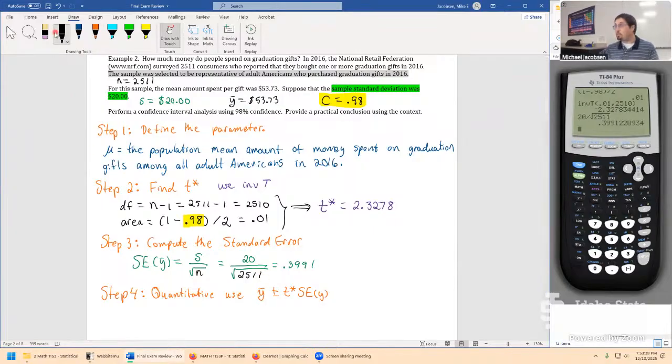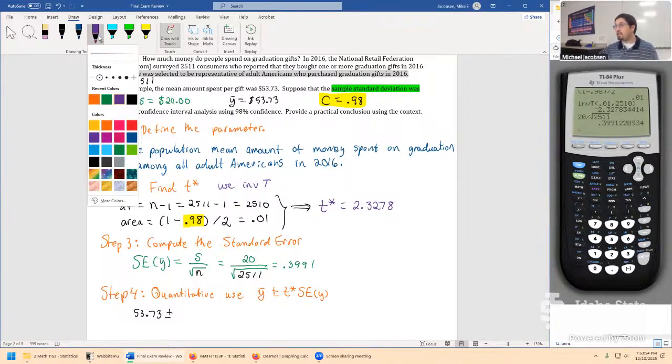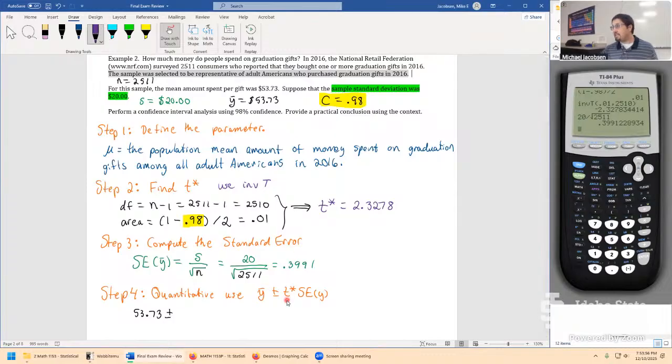Now we're just going to plug in what we have. For the first part, y bar, look at the top, it's going to come out as 53.73. Then plus or minus in the middle. Next is T star that we calculated. So in place of T star, look into step 2. It's a 2.3278.